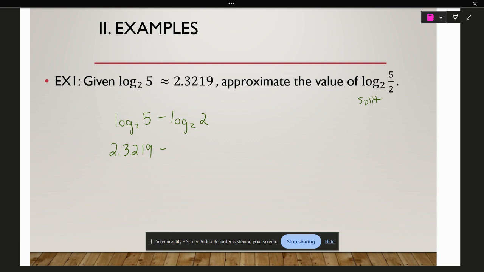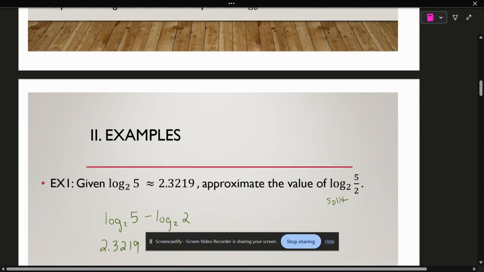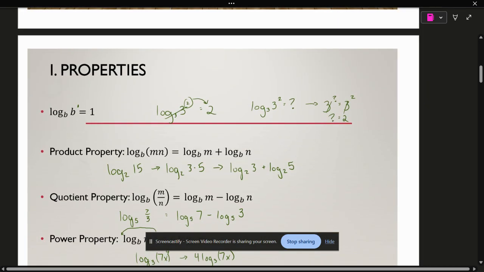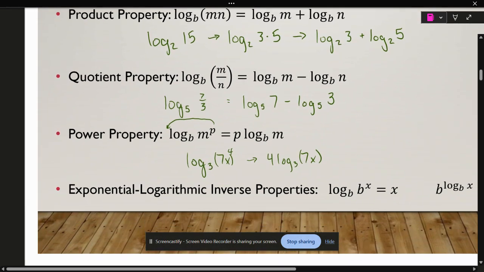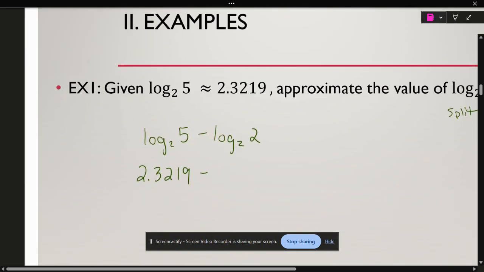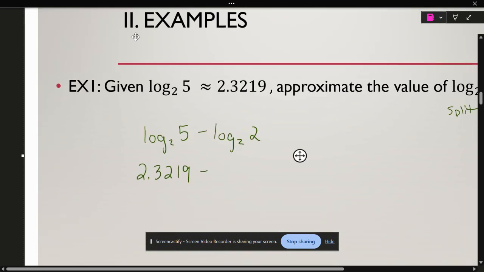We also know from our log bases, and I'm going to scroll up for a second because I want you to see this, if we have the same base and number, our answer will simplify down to our exponent. Because this exponent is a 1, this will be minus 1. So our answer then will be 1.3219.